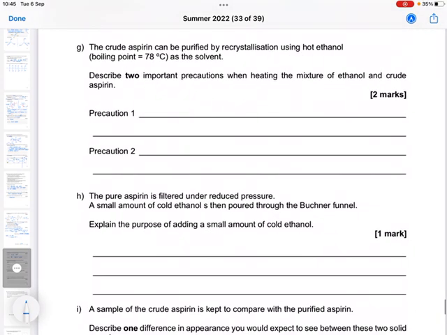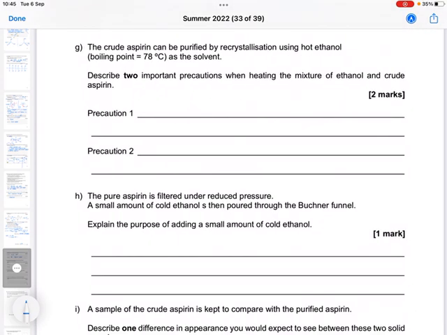G, crude aspirin can be purified by recrystallization using hot ethanol, which has a boiling point of 78. Give 2 important precautions when heating the mixture. Well, the first one is ethanol is flammable. So do not use a Bunsen burner.